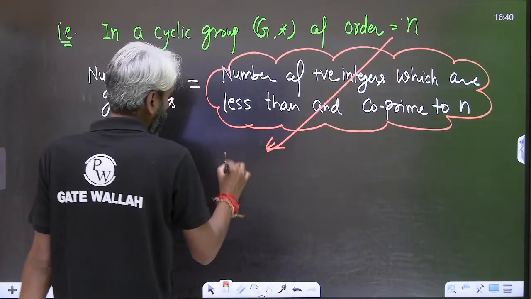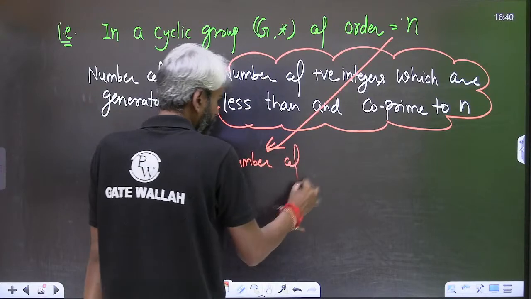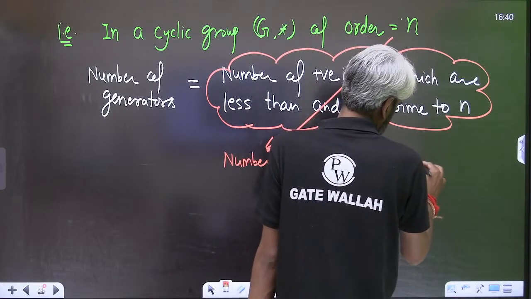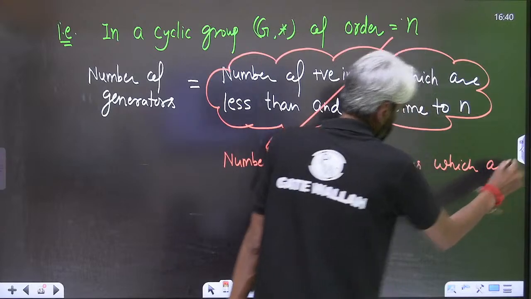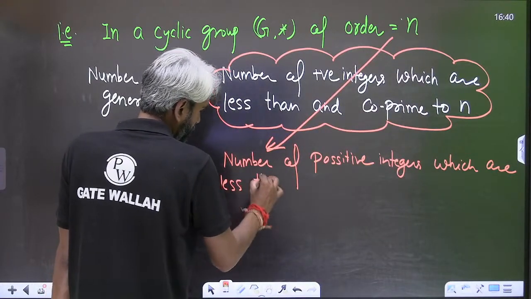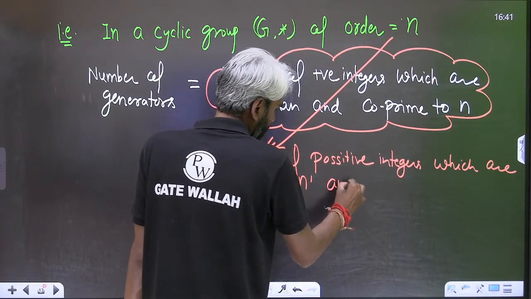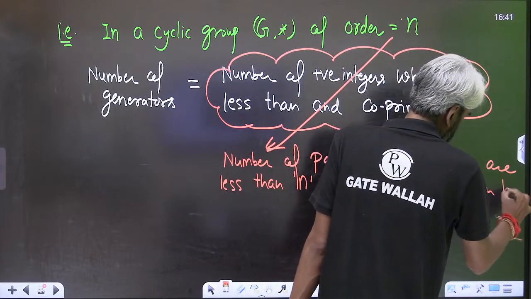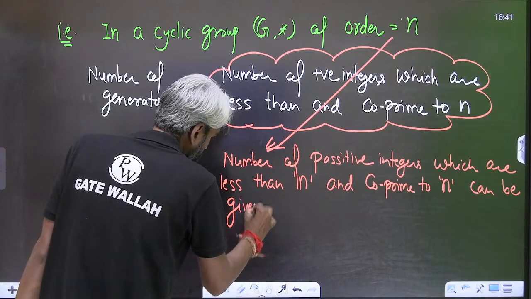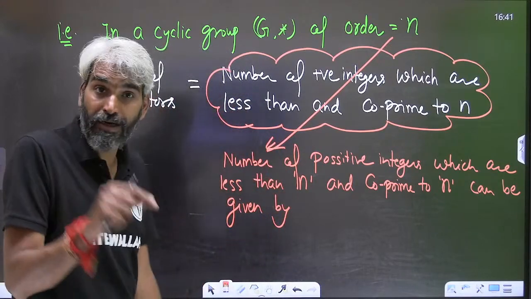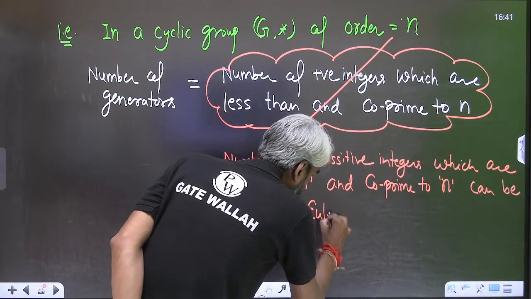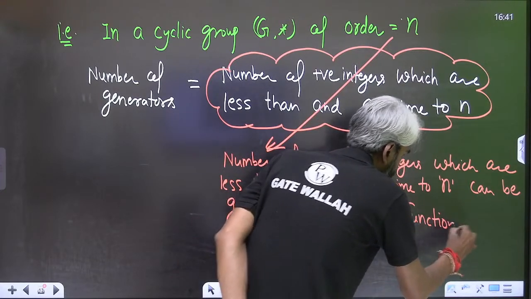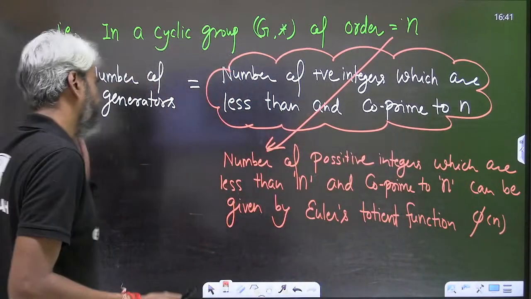Again, the number of positive integers which are less than n and co-prime to n can be given by, recall your 7th class mathematics formula, Euler's totient function phi of n.